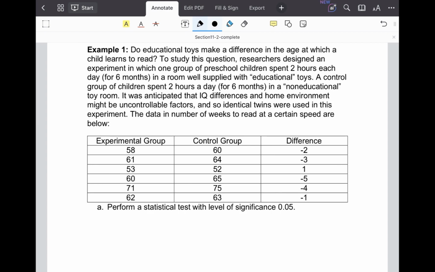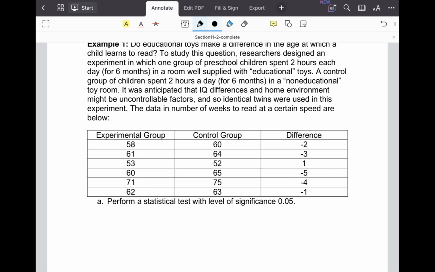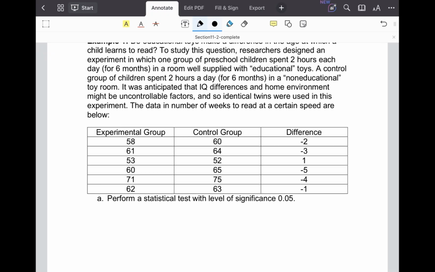And to study this, researchers designed an experiment in which one group of preschool children spent 2 hours each day for 6 months in a room supplied with quote-unquote educational toys. A control group of children spent 2 hours a day for 6 months in a non-educational toy room. And it was anticipated that IQ differences, home environment might be uncontrollable factors, so identical twins were used in this experiment.